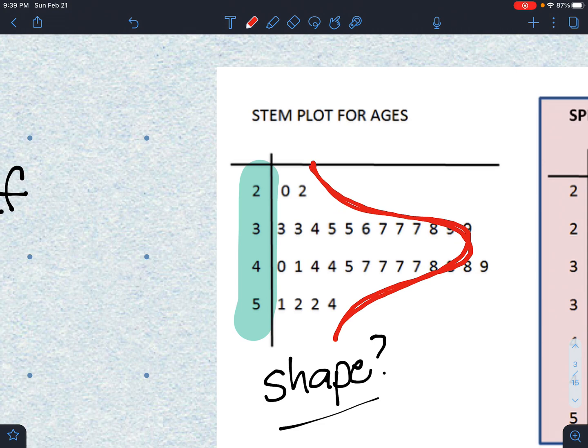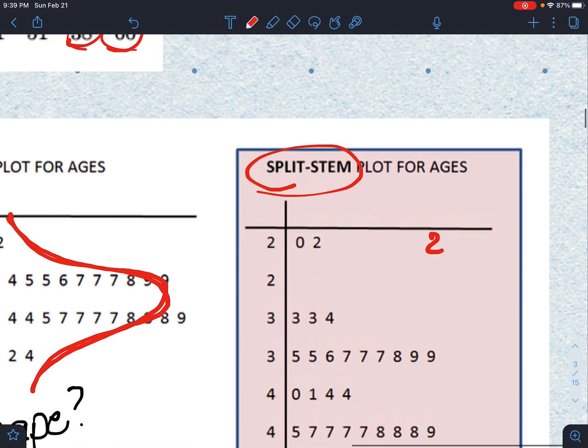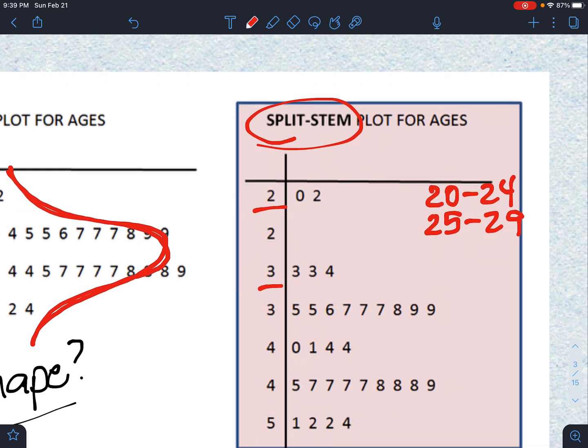If we expand it out and create what we call a split stem plot, this gives us more information. So our first 2 is not going to be all the 20s, but just the 20s from 20 to 24. And my second will go from 25 to 29. Now, we don't need to write that out. The reader can figure this out from the chart. So again, 30 to 34, and this would be 35 to 39.